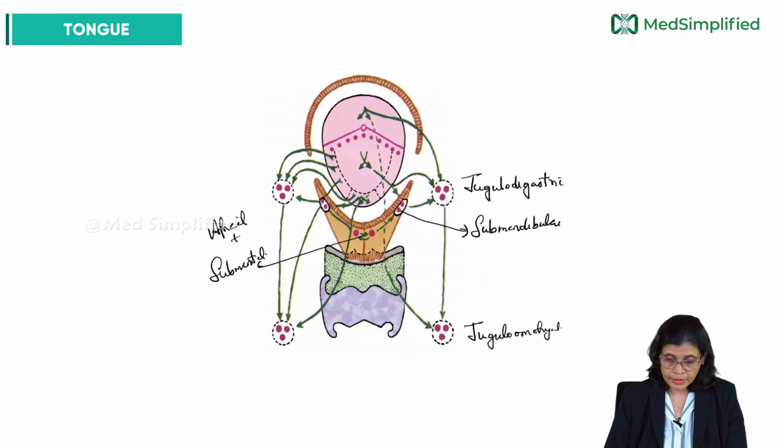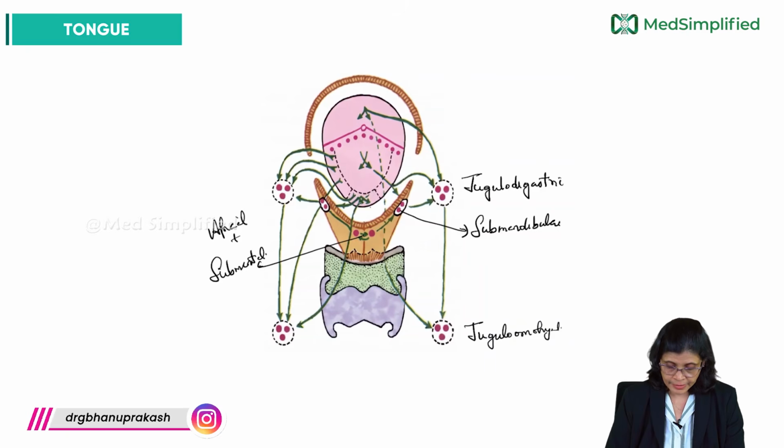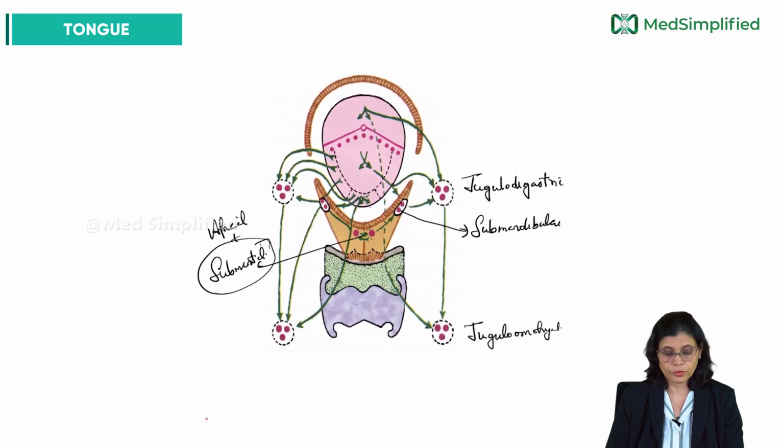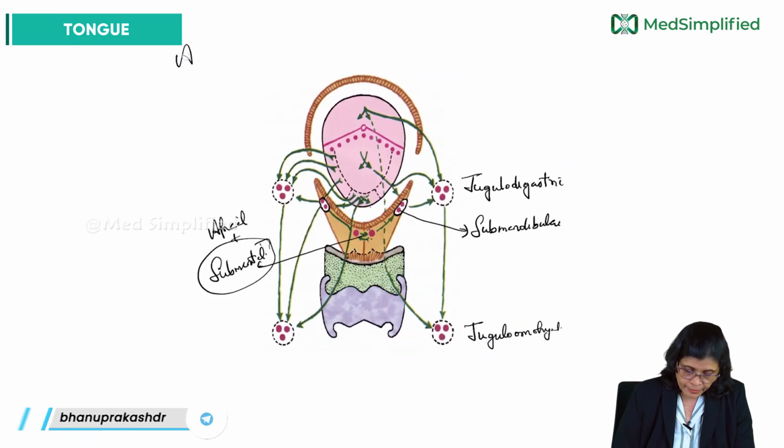Now we group them into 4 sets. One is the apical vessels. The apical vessels will be draining the tip and the inferior surface of the tongue into the submental group of lymph nodes.